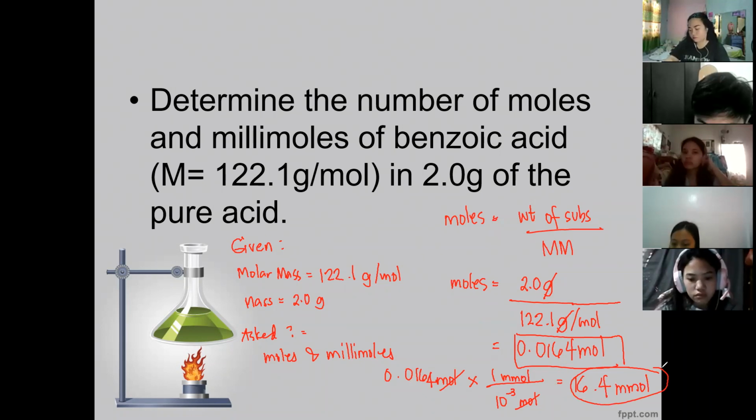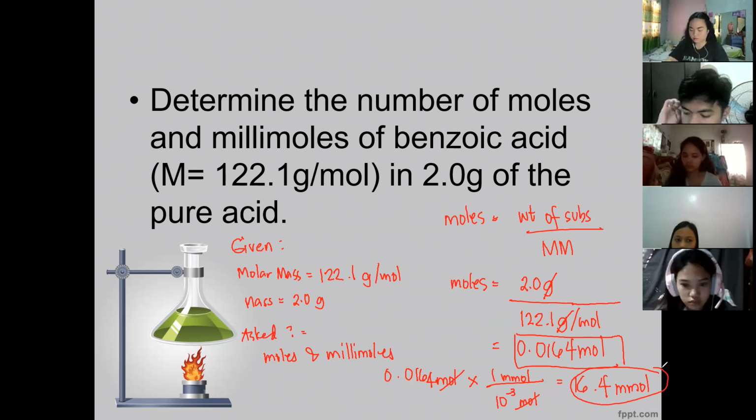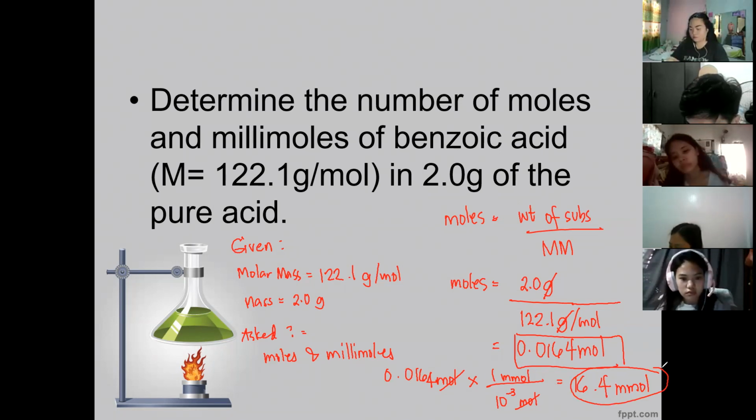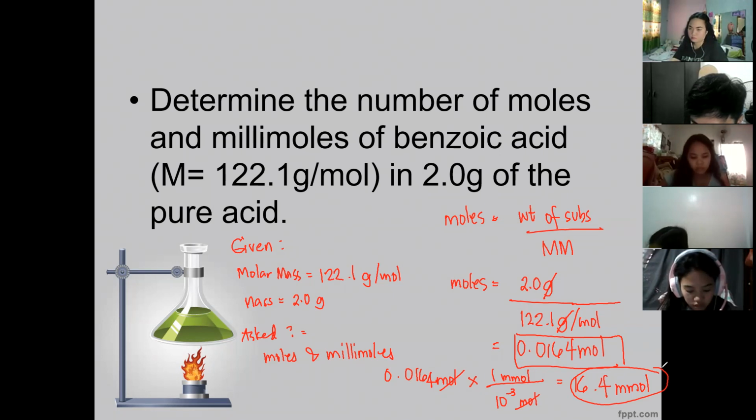If you are asked to compute for both the moles and millimoles of a specific compound, and then given yung kanyang amount or kanyang mass, and then given din yung kanyang molecular weight. Or even if hindi given yung kanyang molecular weight, as long as we have our periodic table, we can compute for it. So do not forget our formula in computing the number of moles: weight of substance divided by its molar mass or its molecular weight.